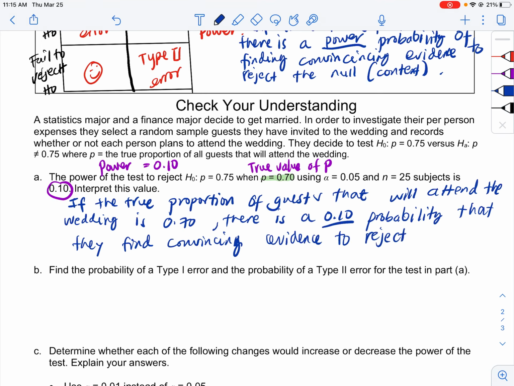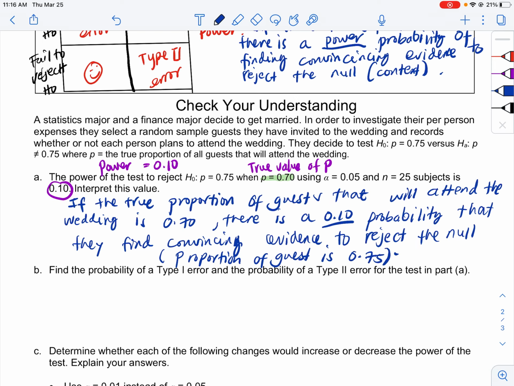This power is really small. And the null is that the proportion of guests is 0.75.